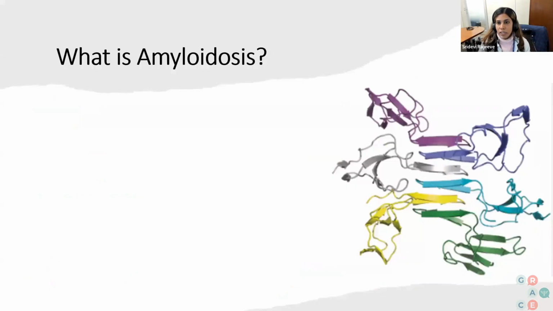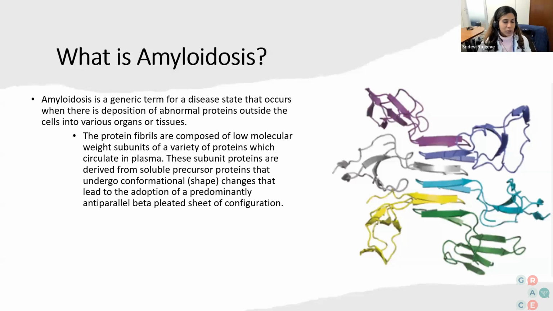So we can dive right into what exactly is amyloidosis. Amyloidosis is a generic term for a disease state that occurs when there is a deposition of abnormal proteins outside of cells and into various organs and tissues. On the right side, you see a high-level, macro-level DNA-like image of a protein and how a fibrillar amyloid protein looks.